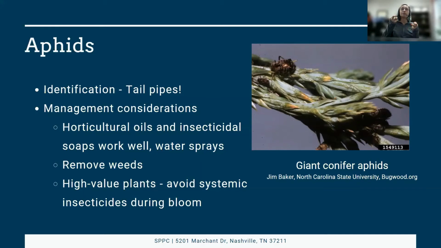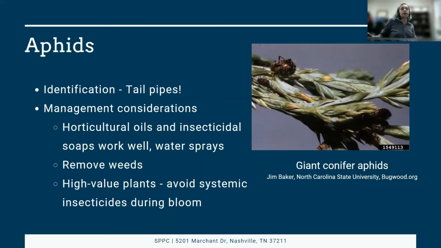The saliva equivalent that insects have can be very irritating to plants and cause puckering and malformation of the plant tissue. So in our high value plants, we sometimes want to use a systemic insecticide to reduce that intense plant reaction. But there are horticultural oils and soaps that will also reduce aphid pests on our larger plants.